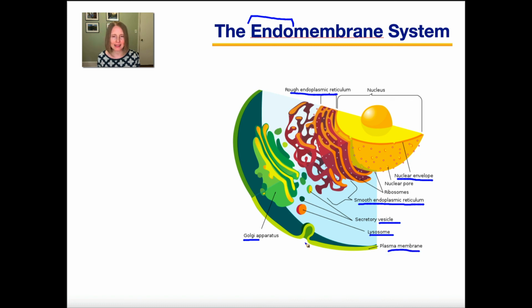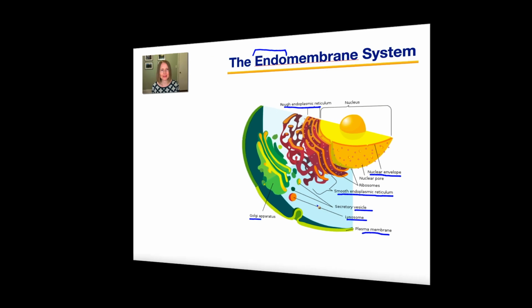Yes, I know that's not inside, that's an outermost structure, but all of these that I underlined make up what's called the endomembrane system. And they frequently interact through vesicles transporting molecules between these various structures.